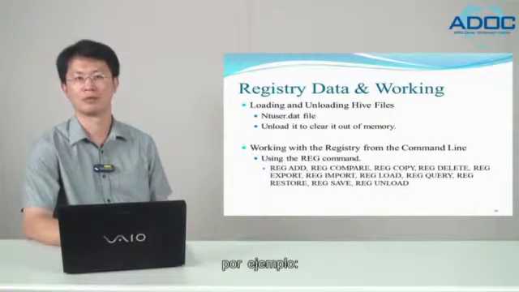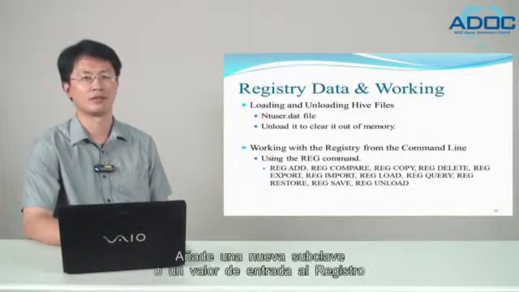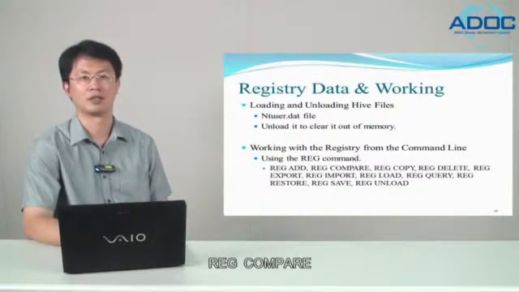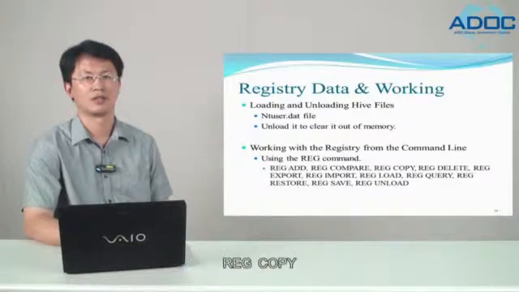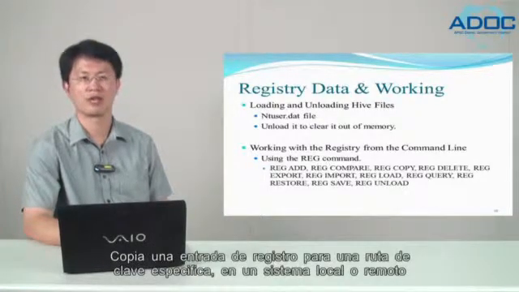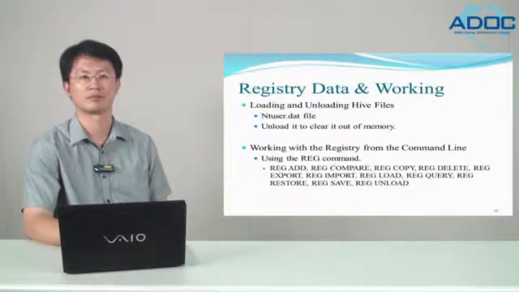For example, reg add adds a new subkey or value entries to the registry. Reg compare compares registry subkeys or value entries. And reg copy copies registry entries to a specified key path on a local or remote system.